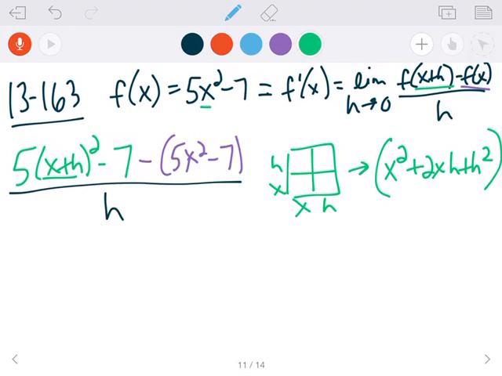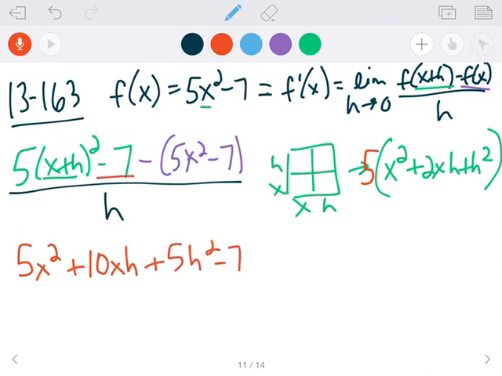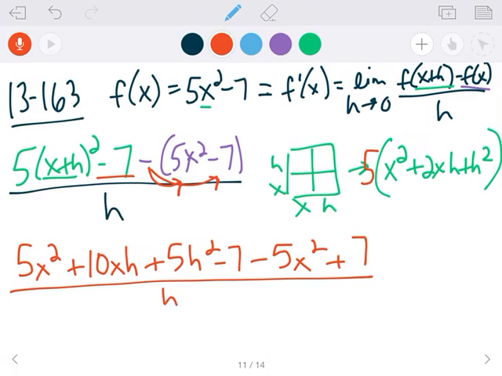So if we take 5 times this, we get 5x squared plus 10xh plus 5h squared minus 7, and then we're going to distribute the negative sign to both terms in that parentheses. So minus 5x squared minus negative 7 is the same as plus 7, with the whole thing being over h.